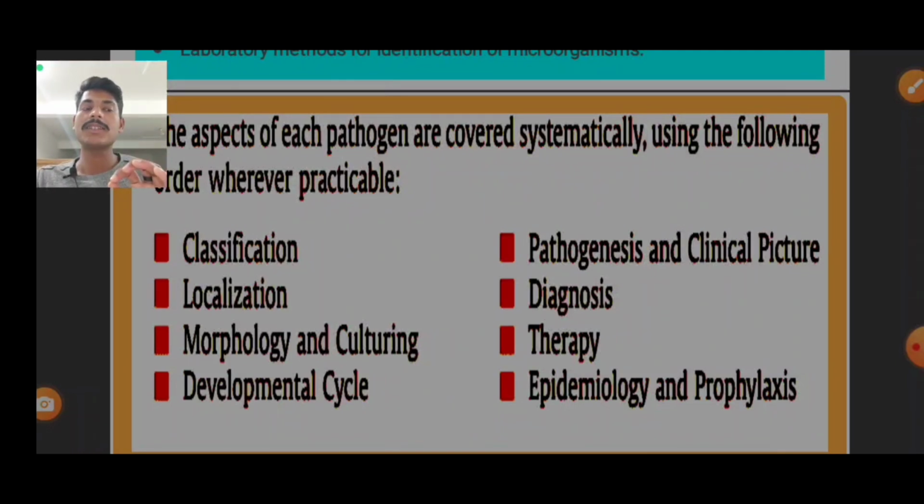Then epidemiology and prophylaxis. Epidemiology means that in our whole planet, some areas are known for some particular pathogens, and other areas are known for other pathogens.